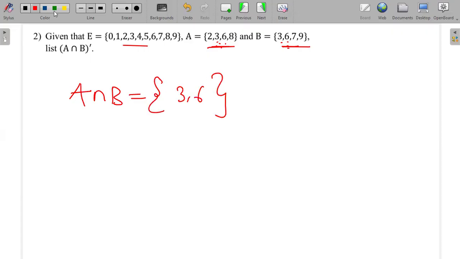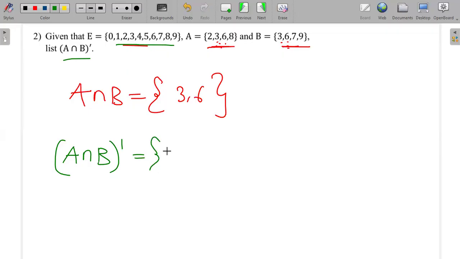Okay, but remember, this is not what I want to find. I want to find my A intersection B complement. So this one here is just helping me to find my final answer. So A intersection B complement will now be equals to all the elements that I can see in the universal set, but they are not here. So it means the entire universal set apart from 3 and 6.